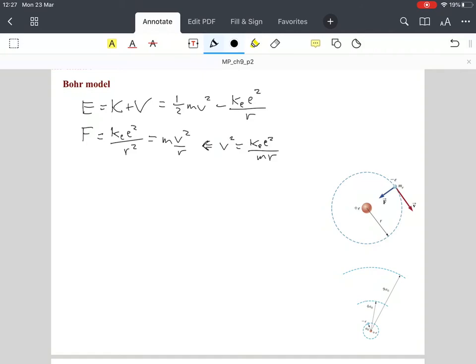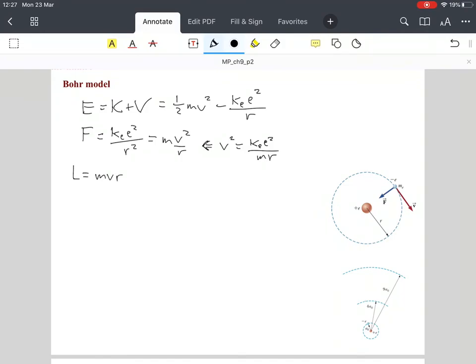Once we have that, we can now go back to the second postulate from Bohr, where we had the angular momentum. The reason we're going to do this is that we'll see that we can solve for r in terms of constants and that quantized value, the integer n. So let's go back to what L was.